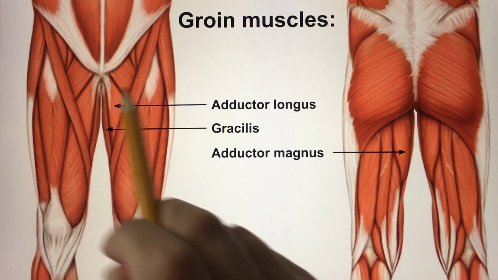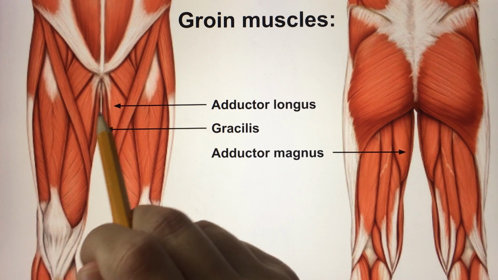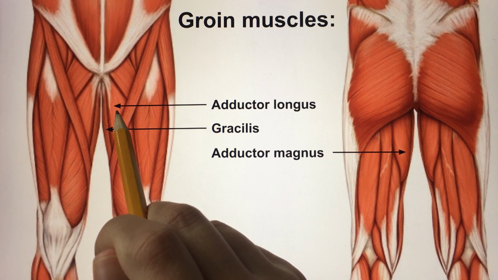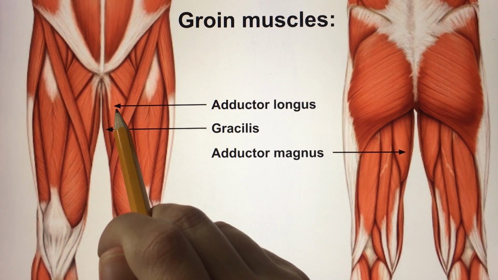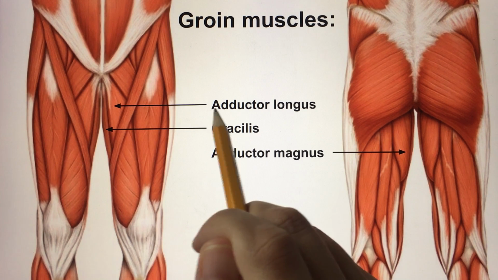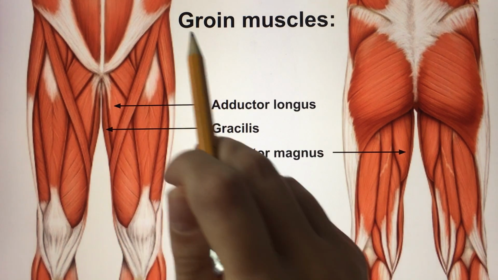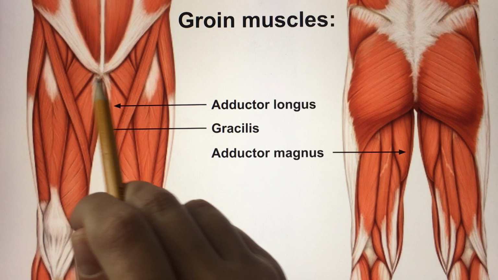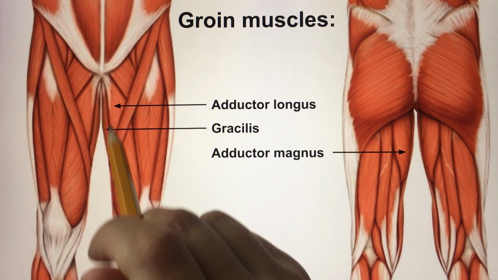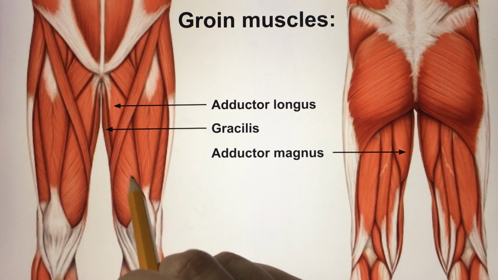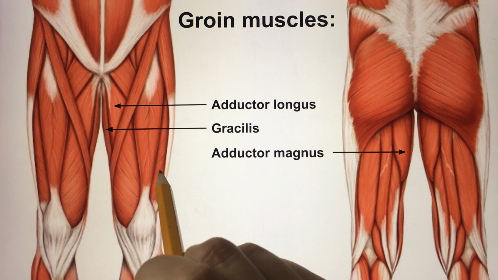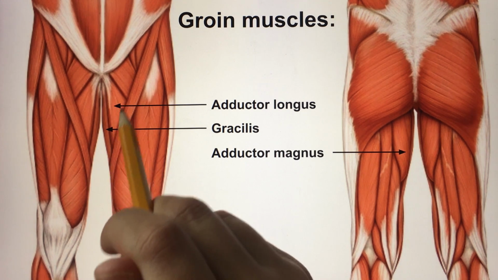Gracilis means slender. More anterior to the gracilis muscle, so visible from the front, is a muscle called adductor longus. All of these groin muscles are connected to the pubic bone and then to the femur under all of these big quad muscles. So they actually overlap significantly.